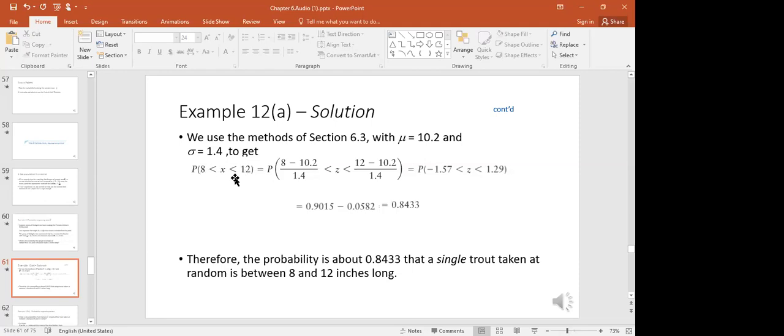So what do you think the lower is? 8. And the upper? 12. Now what is the mean? 10.2. And the standard deviation? 1.4. Okay. 0.843. That's what you see here.